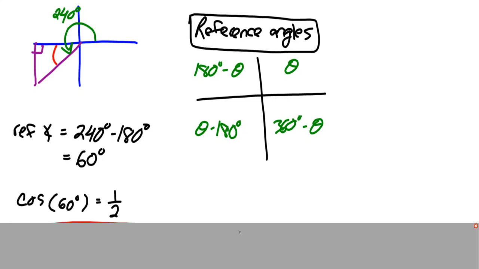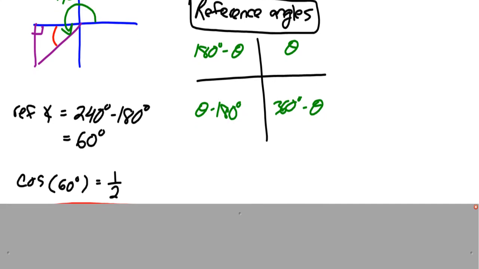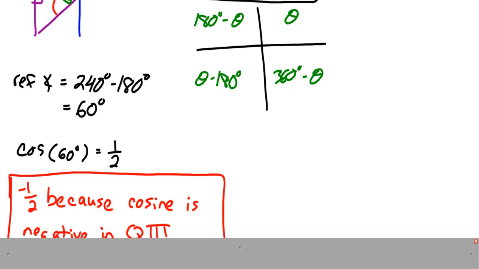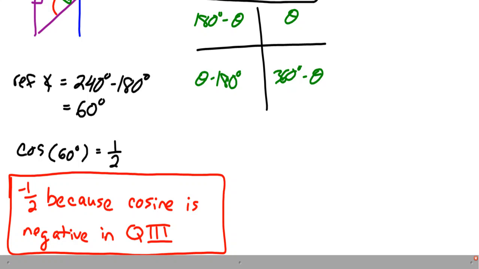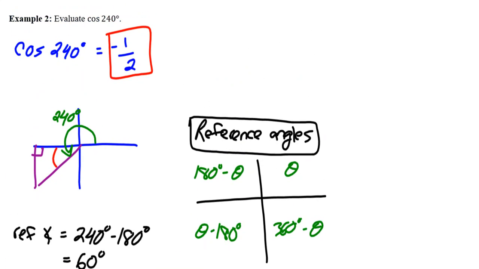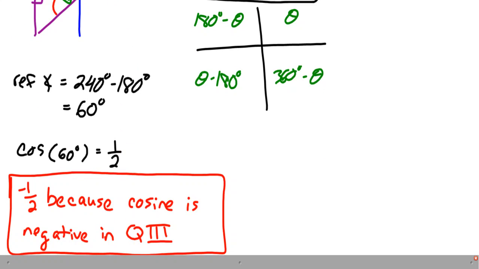So according to all students take calculus, that means that tan is positive, and sine and cosine are going to be negative in the third quadrant. So the cosine of 60 is 1/2, but because it's the third quadrant, this is a negative value. That's why your calculator gave you negative 1/2. It knew what the reference angle is. It had memorized that the cosine of 60 is 1/2, but it also knew that 240 is in the third quadrant. That's why it became negative half.